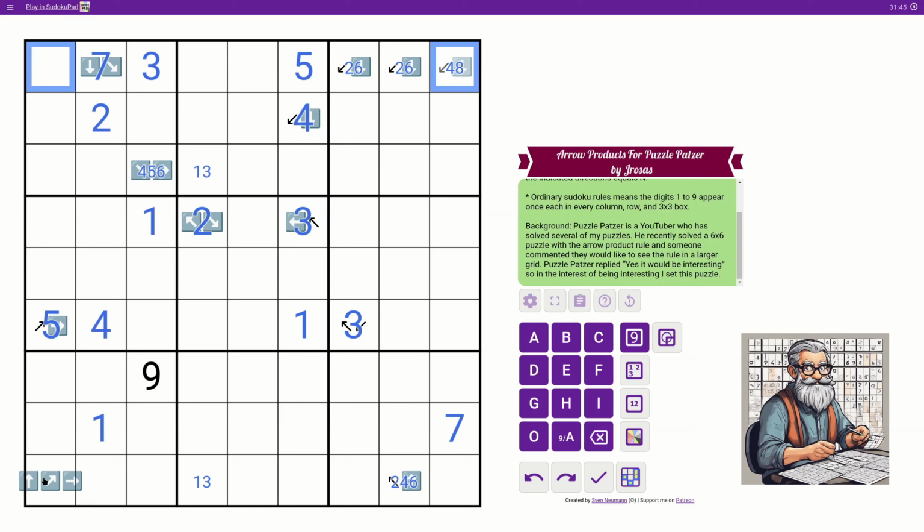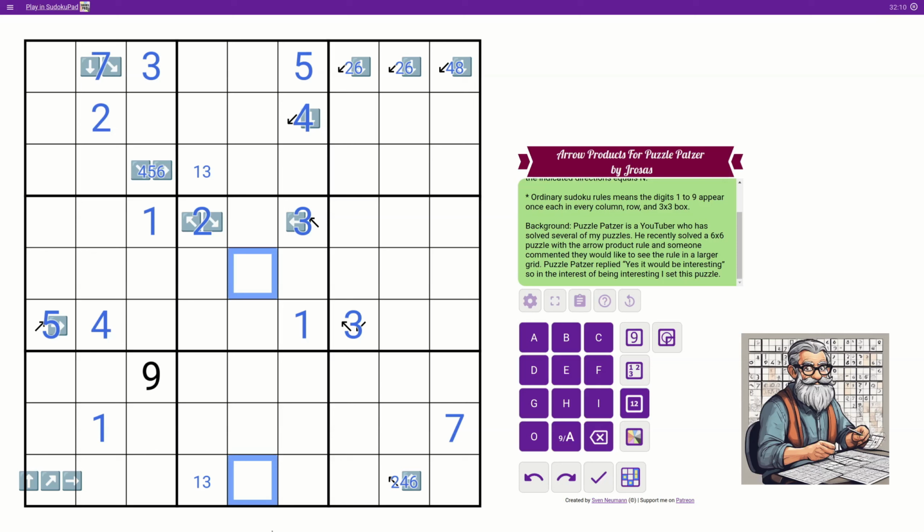Did that make any difference to this one now? Oh, it could never be 1 and 2. It can't be 1, it can't be 3, because 3 would require a 1 and a 3 here. That doesn't work. 4 seems to be okay.